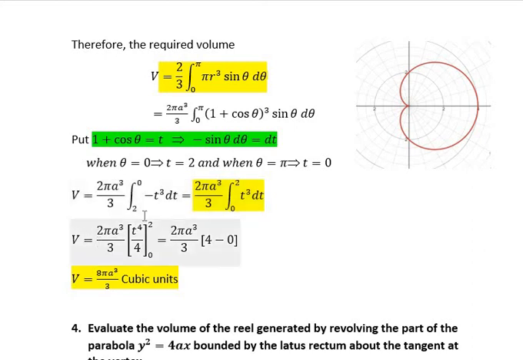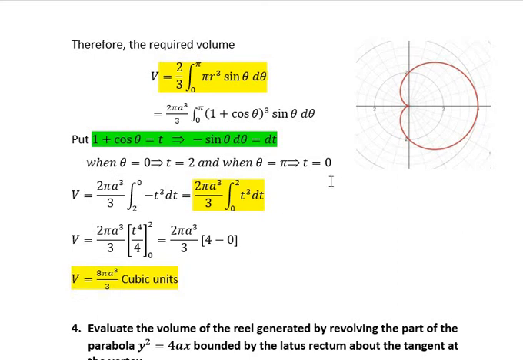Hence V is equal to 2 pi a cube by 3 integral of t cube is t to the power of 4 by 4. The limits of integration are 0 to 2. Apply the limits of integration, we get 2 pi a cube by 3 into 4 minus 0. V is equal to 8 pi a cube by 3 cubic units.